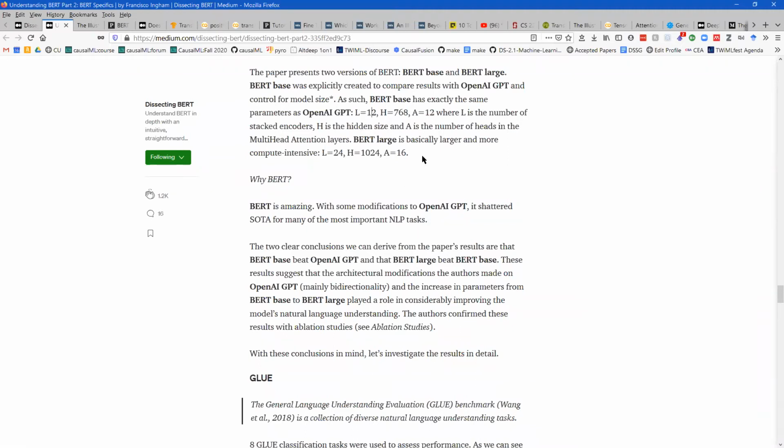I think in the transformer they did 8, and here it's 12. But I think when they did BERT, they were comparing with GPT. Yes, so BERT and GPT should match. Yes, so BERT base is designed to match GPT, so they could actually do a head-to-head comparison.